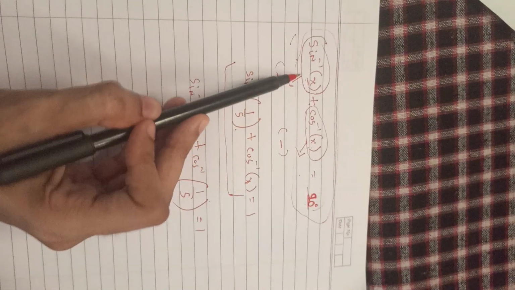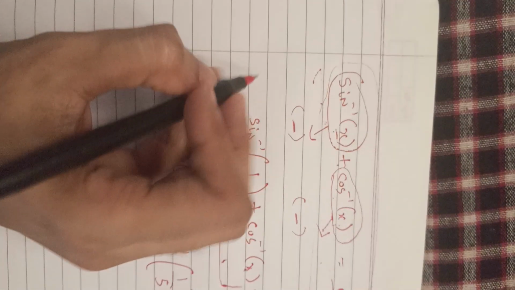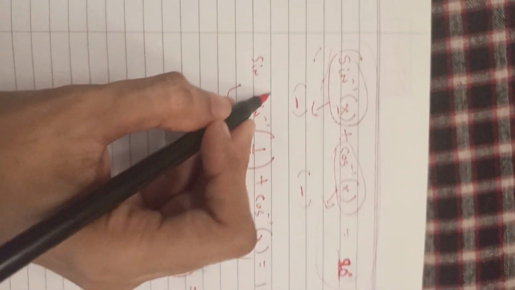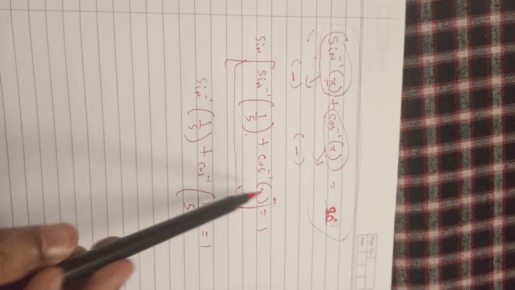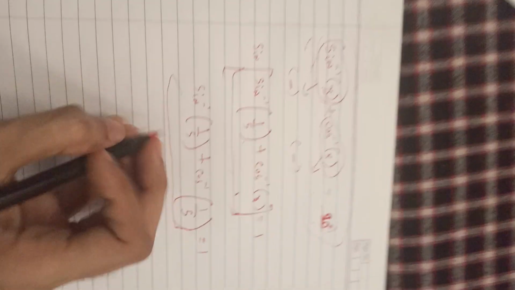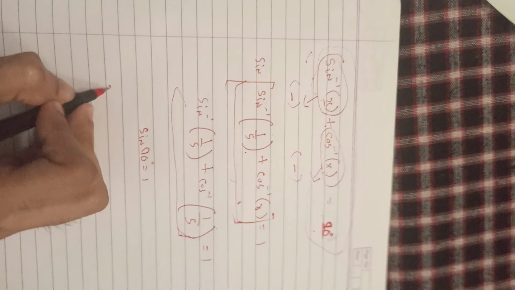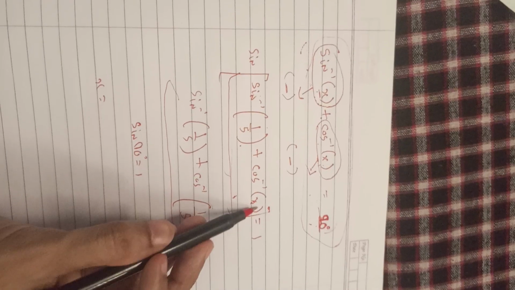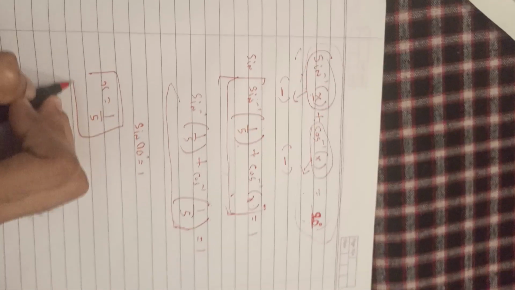We know that this whole value gives 90 degree, so obviously sine 90 degree equals 1. Consecutively, we get the value of x as 1 by 5, because that must be 1 by 5. So we are done with our question.